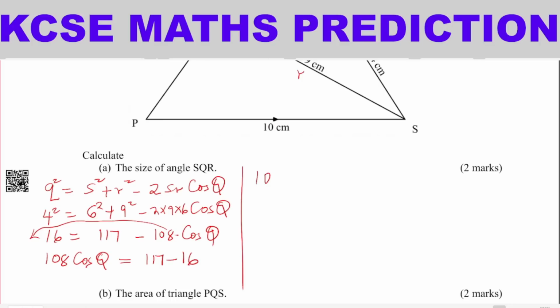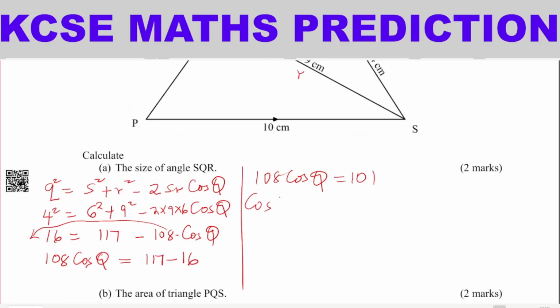So this will get 108 cosine of theta is equals to 117 subtract 16, this will give 101. So this one is 101, like that.